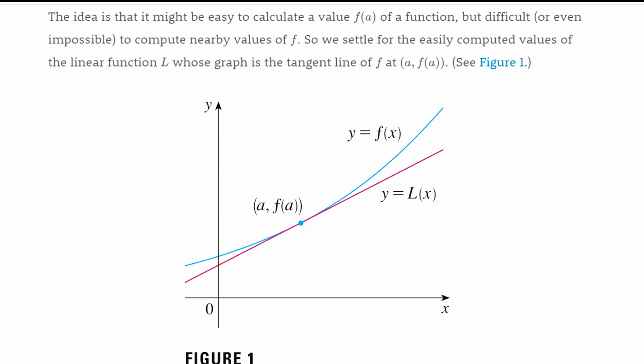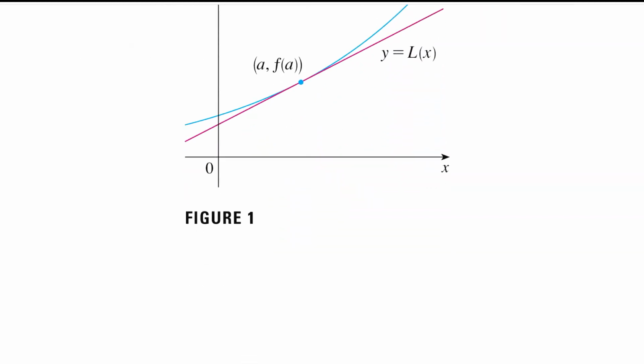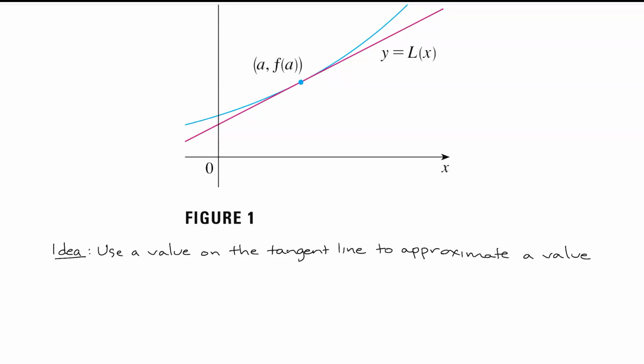So the thing is that we're going to use this idea of linear approximation to calculate approximate function values. So we'll use the tangent line to make our calculation as opposed to the function. Okay, so the idea is we're going to use a value on the tangent line to approximate or estimate a value on the function.